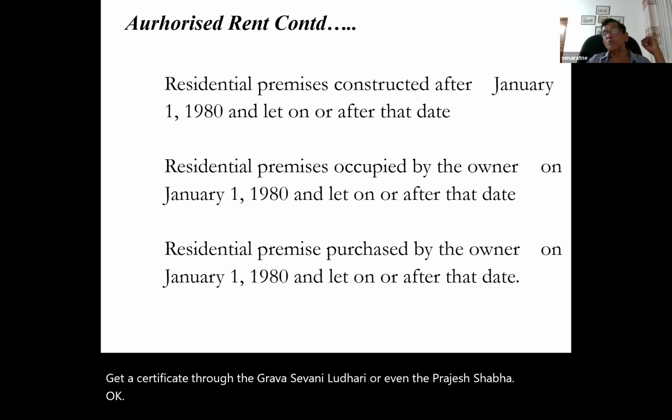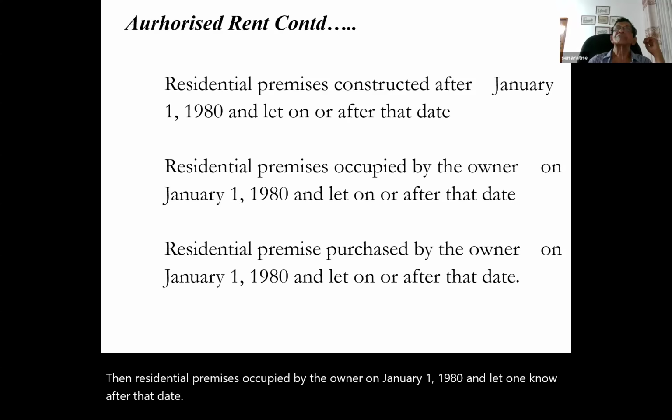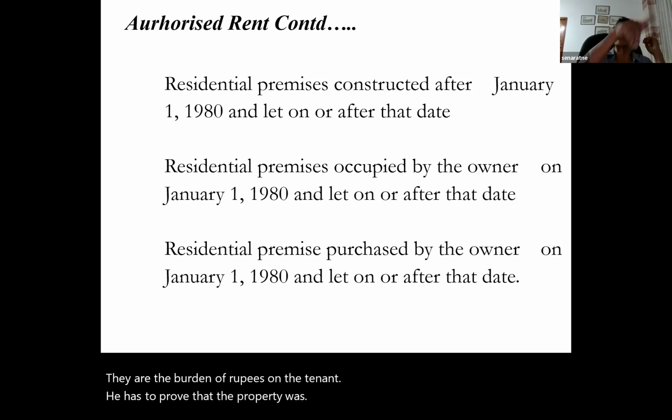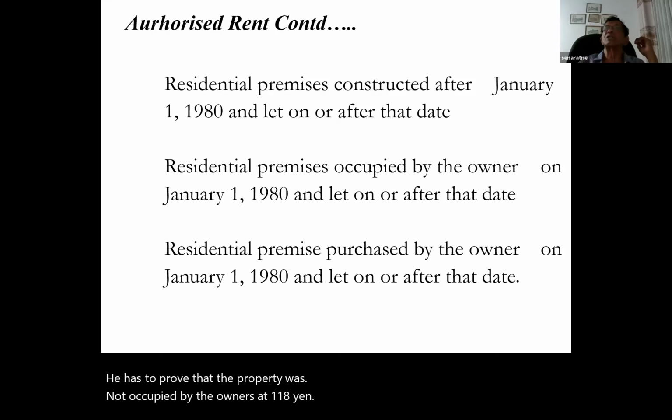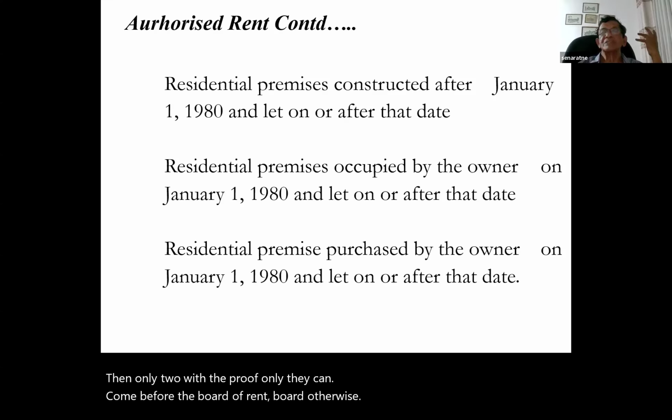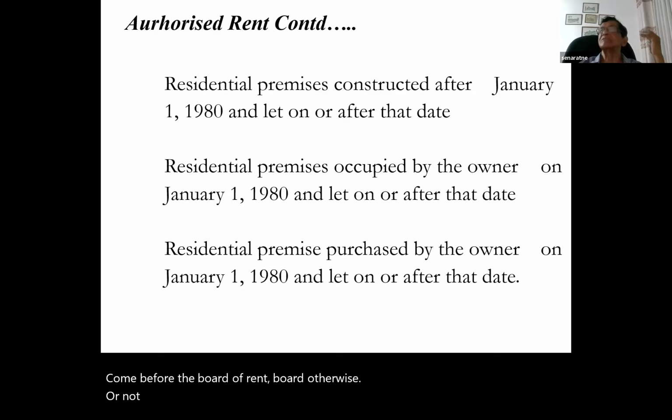Then residential premises occupied by the owner on January 1, 1980 and let on rent after that date. The burden of proof is on the tenant. He has to prove that the property was not occupied by the owner as at 1/1/80, and with that proof only they can come before the rent board. Otherwise, properties occupied as at 1/1/1980 are exempted from the Rent Act.